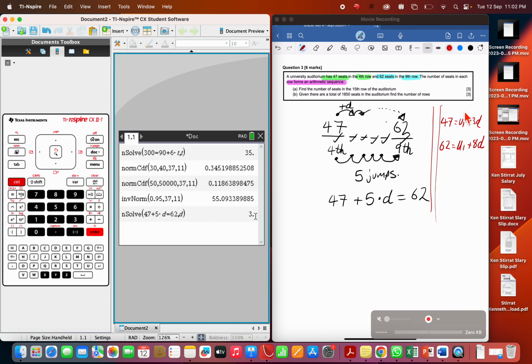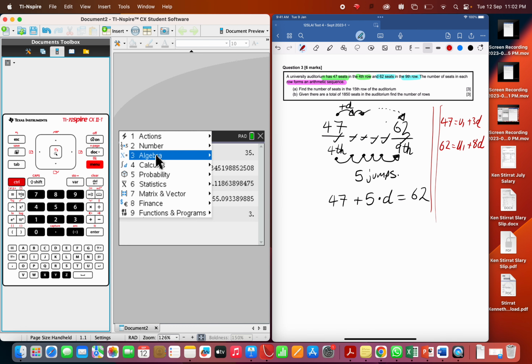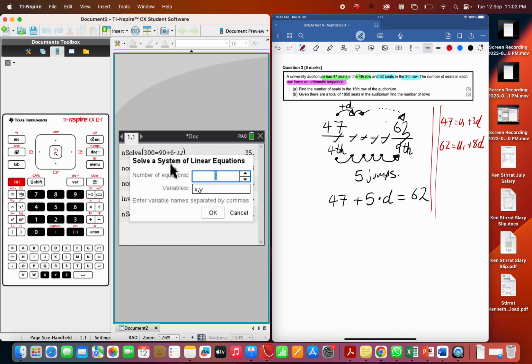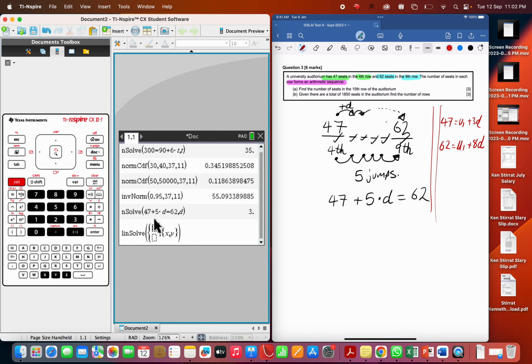If you had the simultaneous equations, you could solve that as well. Menu, Algebra, Solve System of Linear Equations. There are 2 equations. I'll use x and y: x will be u1 and y will be d. So we type in the equations: 47 equals x, replacing u1 with x, plus 3y.